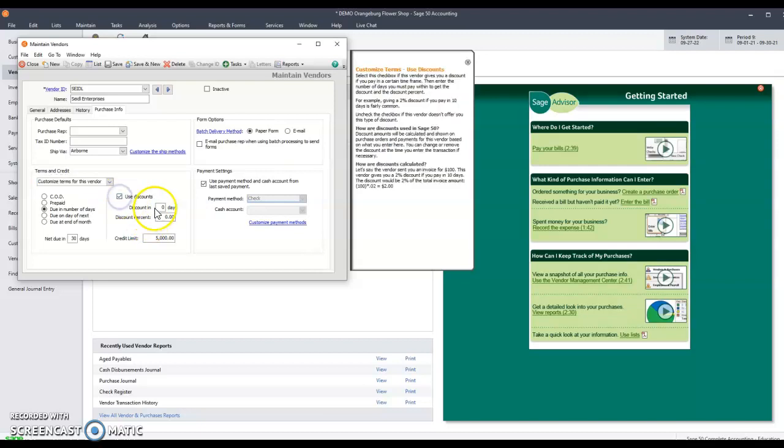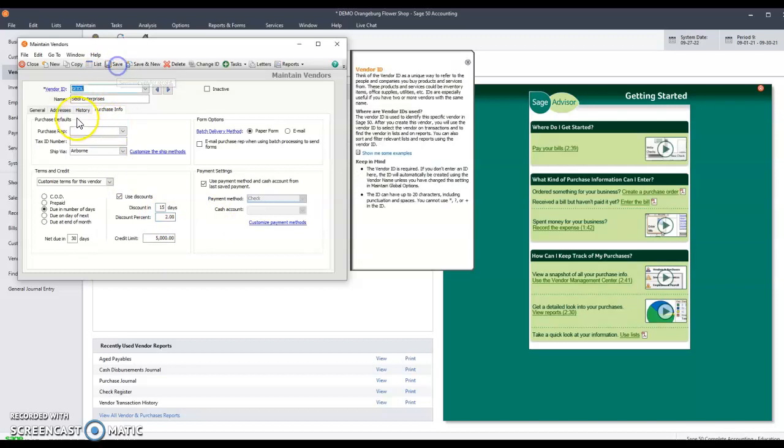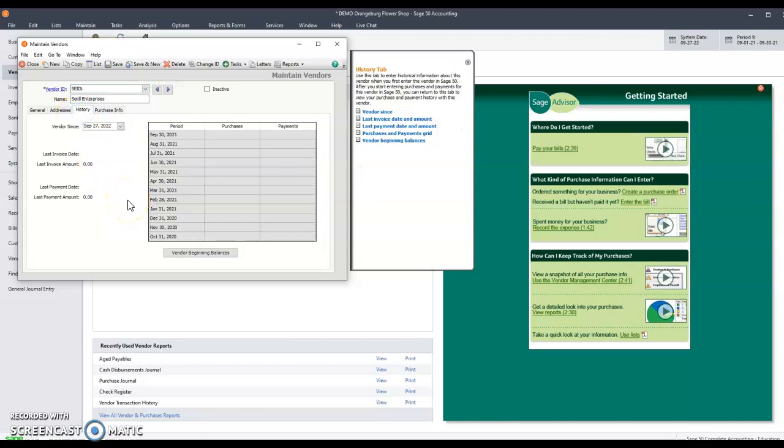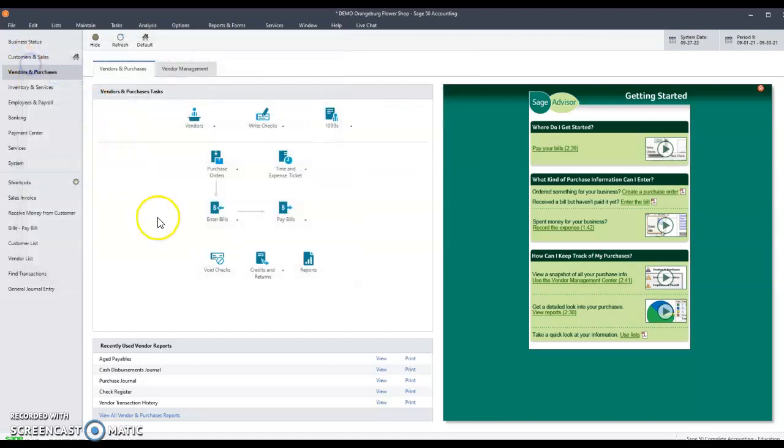Okay, use discounts. Discounts in 15 days, and that's 2%. And we say save. Now, in this case, with Seidel Enterprises, there is no beginning balance. And so we can just go ahead and say close because we already said save on it.